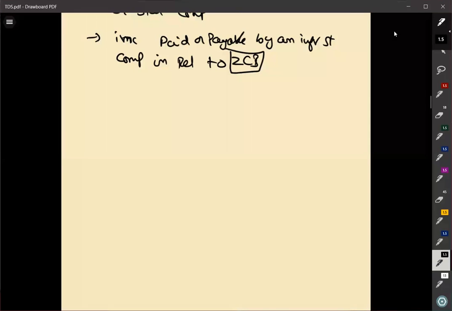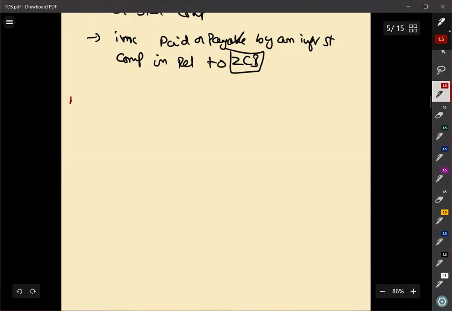One second. Yeah, first example, point number 1.